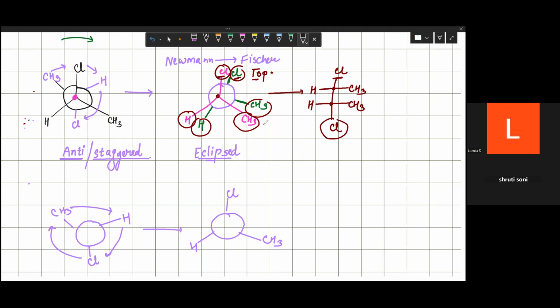Majorly, the carbon which is on the back side takes the bottom position, and the front carbon takes the top position. So after Cl, there is a hydrogen on the left side. I'll attach it as it is, and CH3 on the right side on both groups.